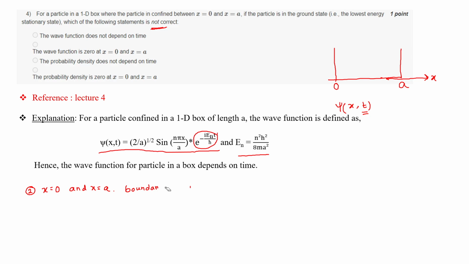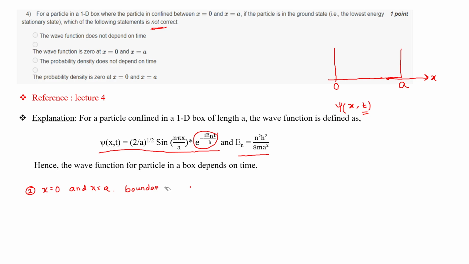Okay, whenever I am doing the probability density calculation, I am going step by step. For psi star it will be c e to the power plus i E n t by h cross into c into e to the power minus i E n t by h cross. So you can see these two terms will be multiplied.